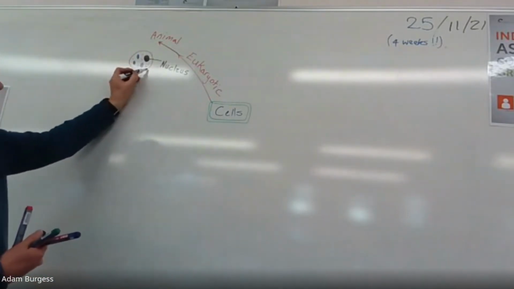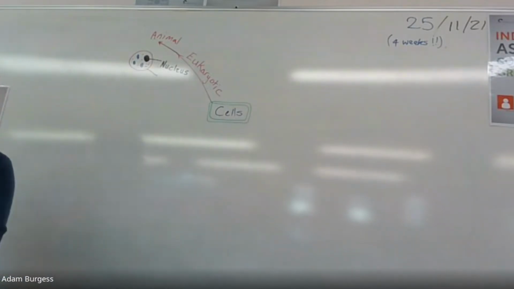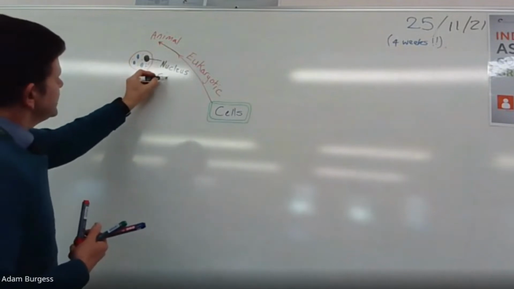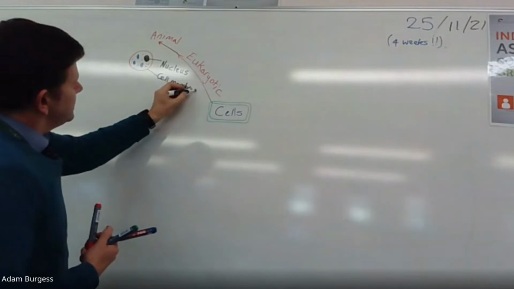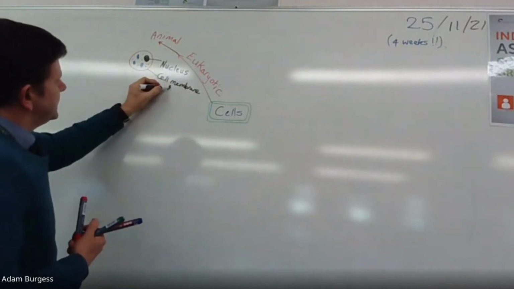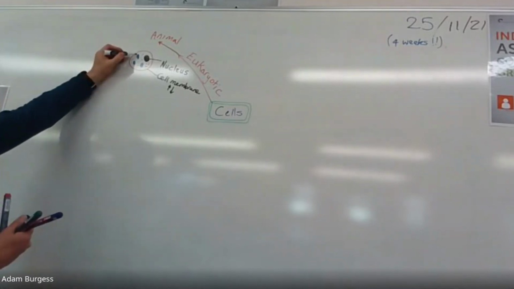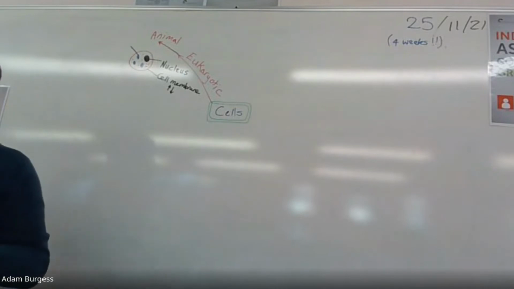Okay, this part here, please, the outside. Cell membrane, well done, very good. So that's the cell membrane. That controls what goes in and out of the cell, so in and out. This blue thing, I'll give you a clue, it's where respiration occurs.